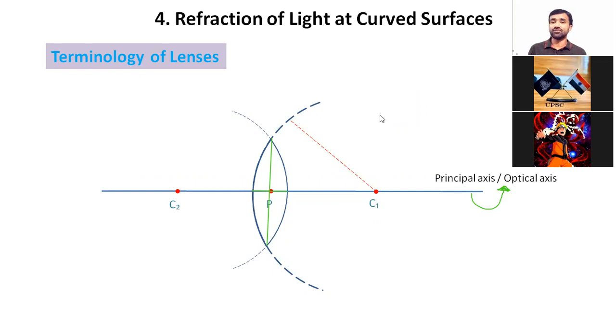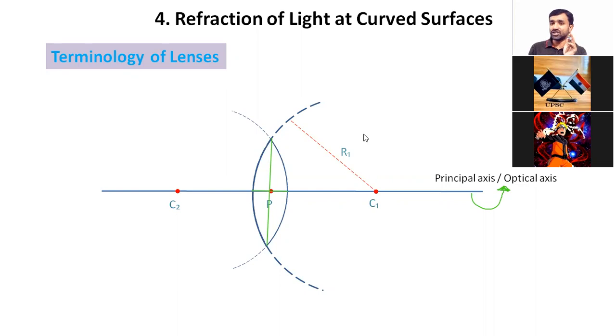Radius of curvature. We can name it R1. Why R1? Why not R2? Because it is the first surface's center connected with the first boundary, the first surface. That's why it is named R1.